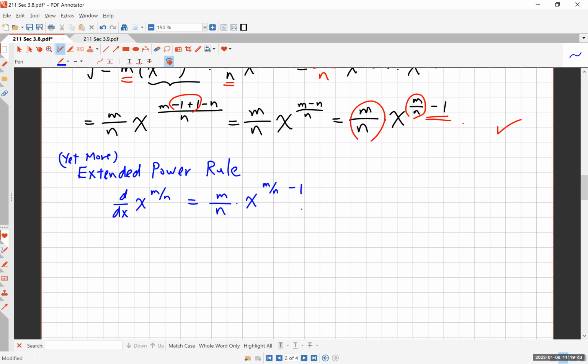Or you can say d/dx of x to the r is r times x to the r minus 1 for any rational r.